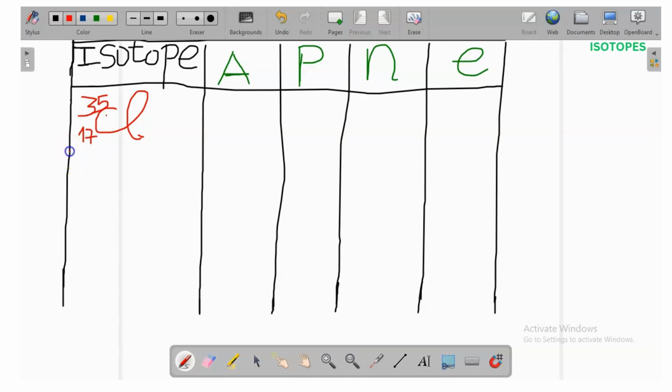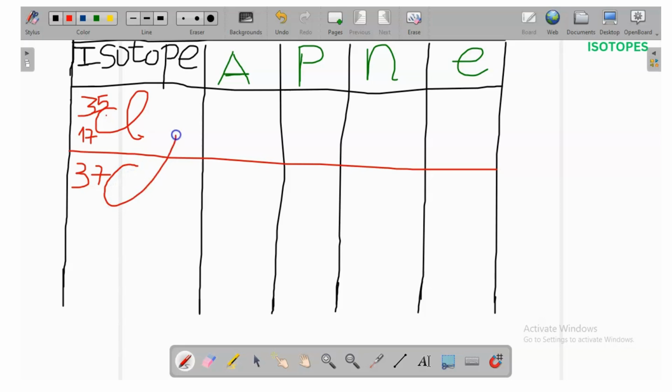This is one isotope of chlorine. Isotope number 2 of chlorine has mass number 37, and it has atomic number 17.